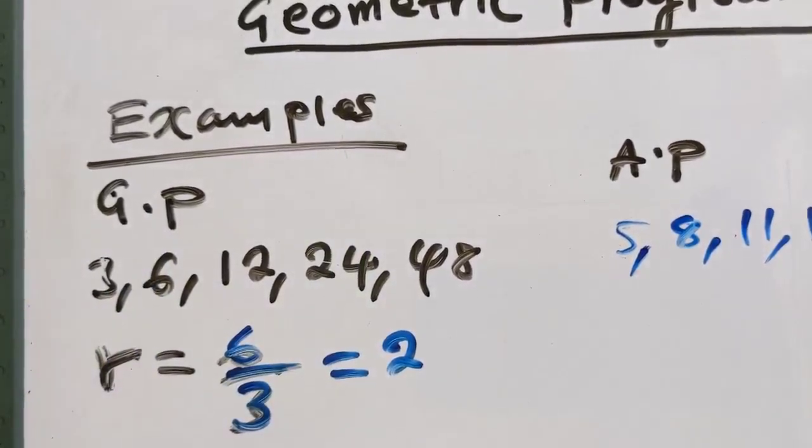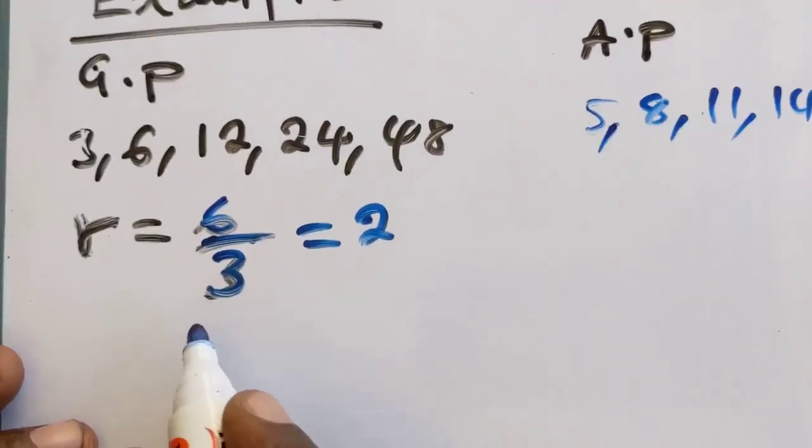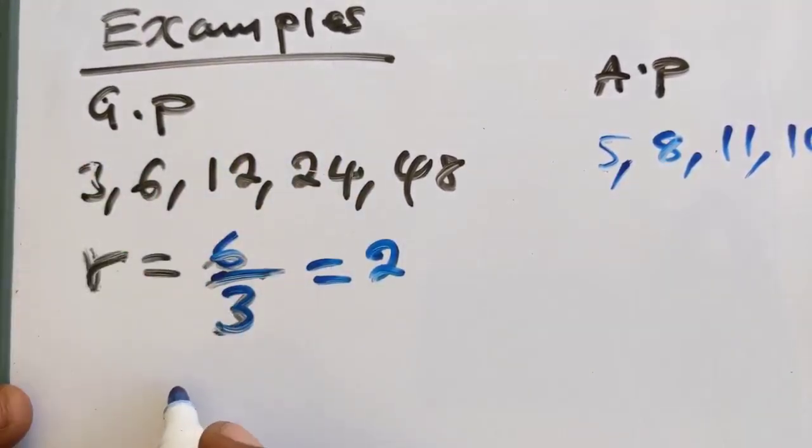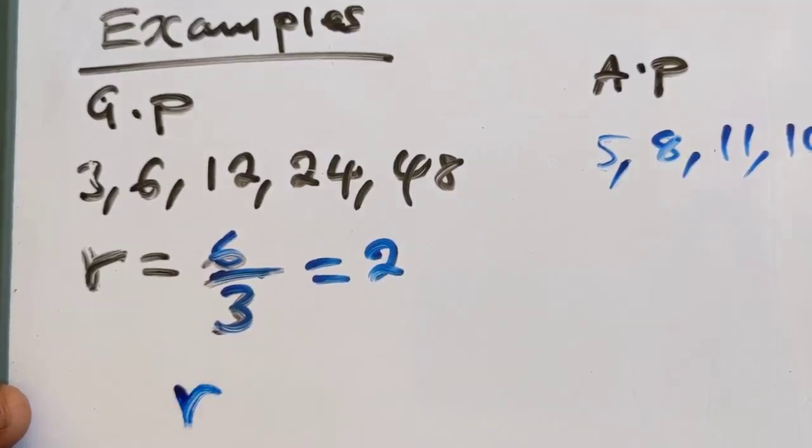If you want to find the common ratio for geometric progression, it is given by this formula. It is denoted by r.